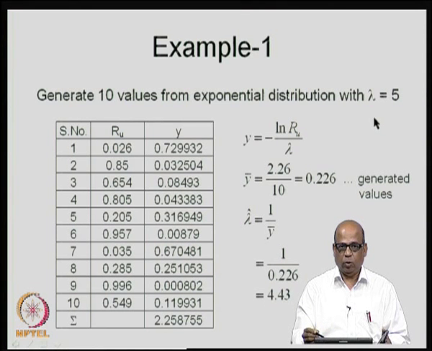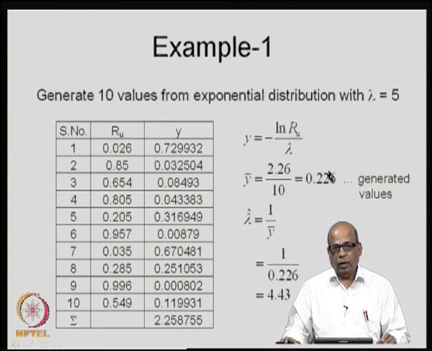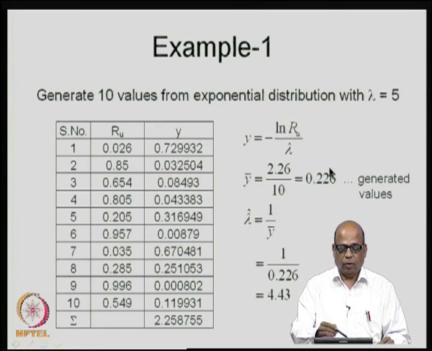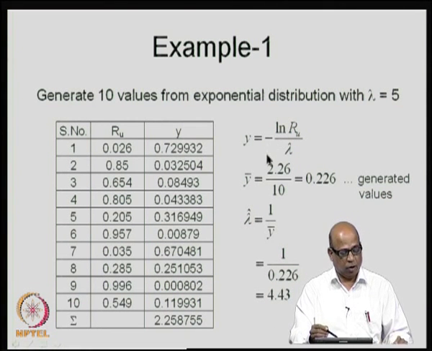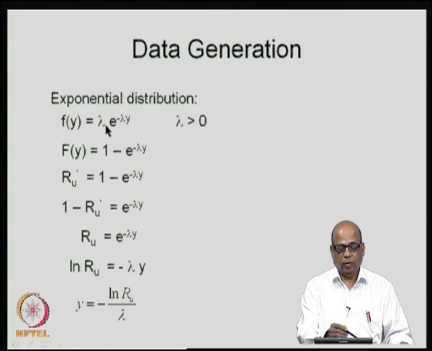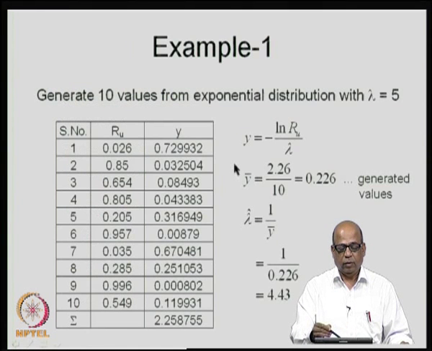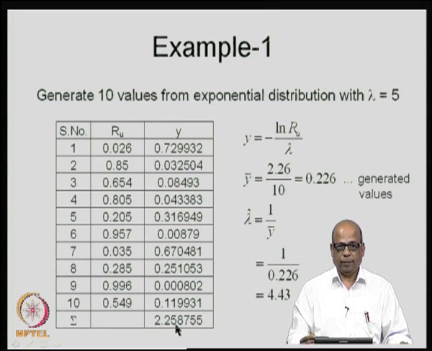That parameter value must be as close as possible to the parameter value for which you are generating the random data. And then you should also have ways of examining whether this follows exponential distribution, because of the basis by which we have constructed these data, they in fact follow the exponential distribution.